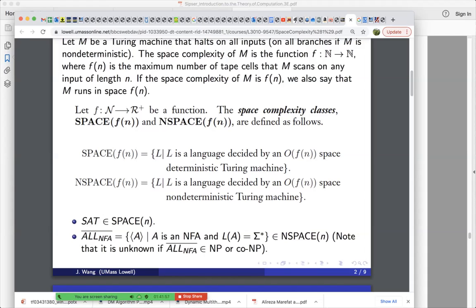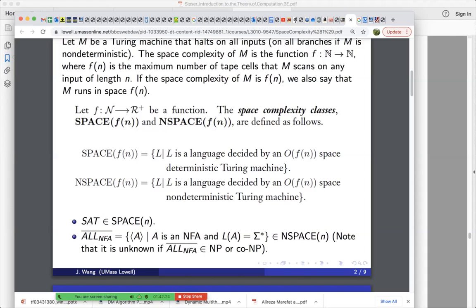The next example says the complement of NFA-universality, which is the set of all descriptions of NFAs A such that the language accepted by A is sigma star.